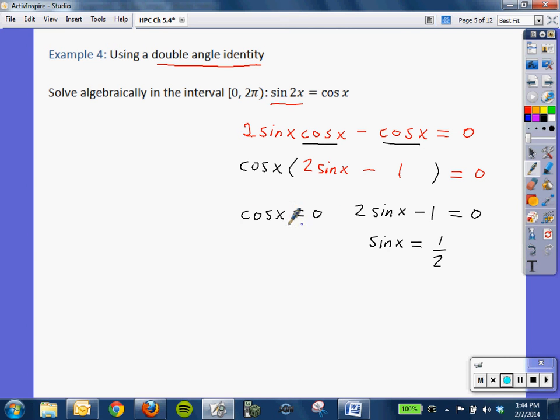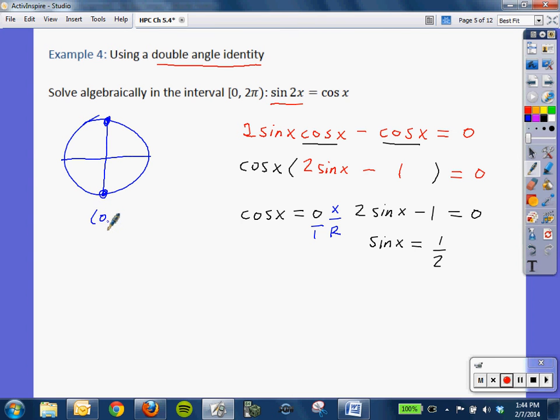Let's think about cosine right now. We've got to go to our definition for cosine first. We know that cosine's definition is x over r. So what I'm looking for is where we have an x value of 0. Let's think about our circle. If I draw a circle, where do I have an x value of 0? 2 spots, right here and here.